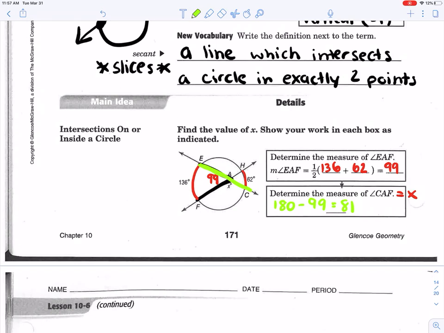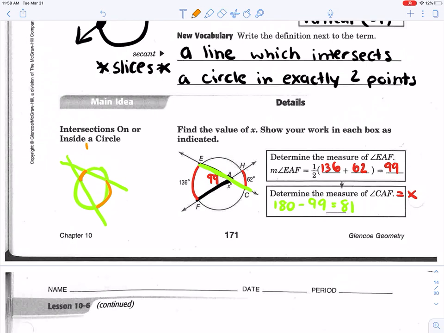So when I had given you the equations before, we had that when our vertex was outside, something like this, we would take these 2 arcs, this one and this one, and we would subtract and multiply by a half.